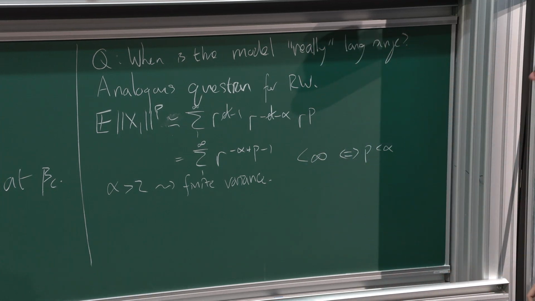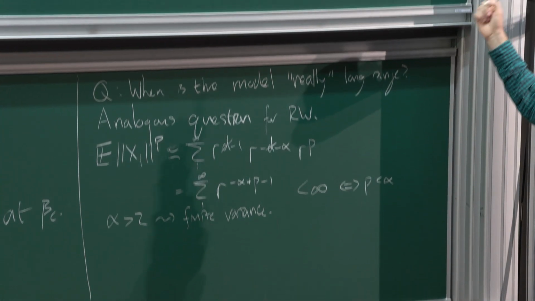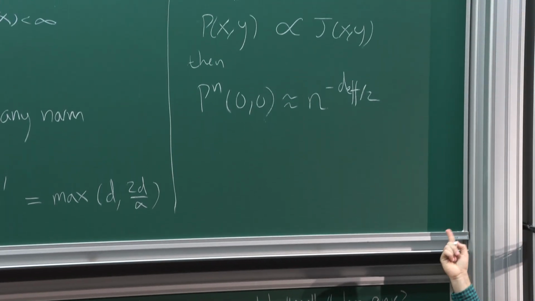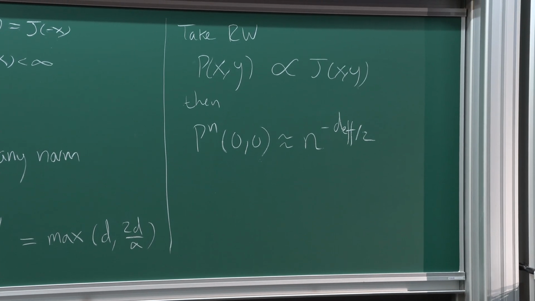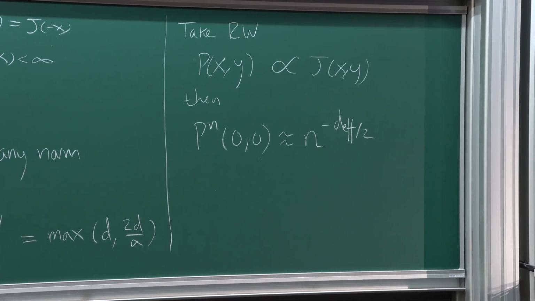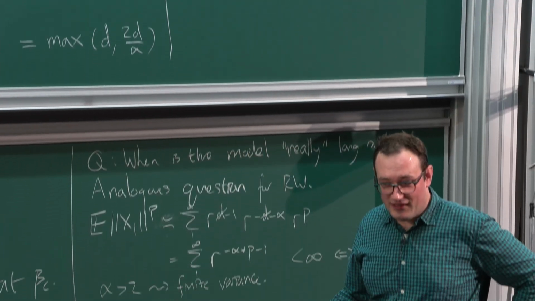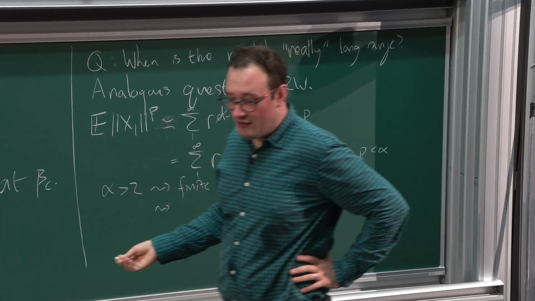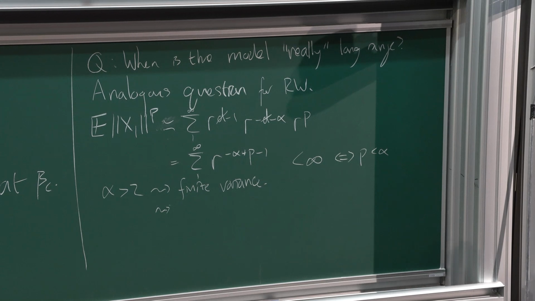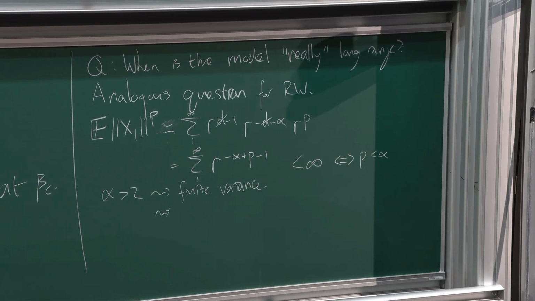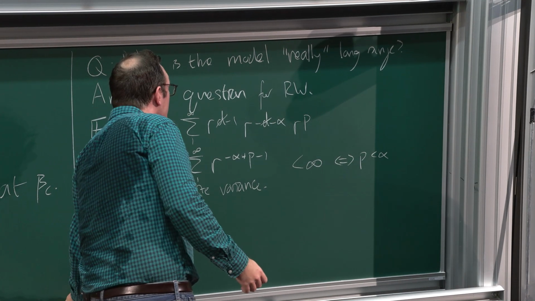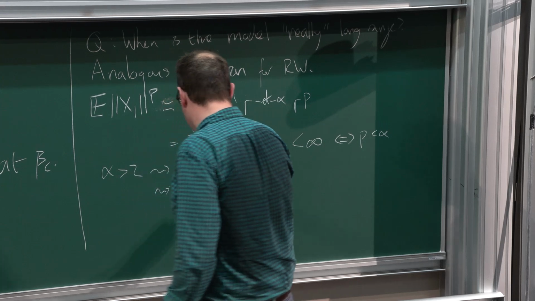By the way, because J is symmetric, this transition matrix is also symmetric, so the walk does not have drift. And of course, if you have a finite variance random walk, it's a very classical result of probability, Donsker's invariance theorem, and of course it's related to the central limit theorem, that the walk converges to Brownian motion.